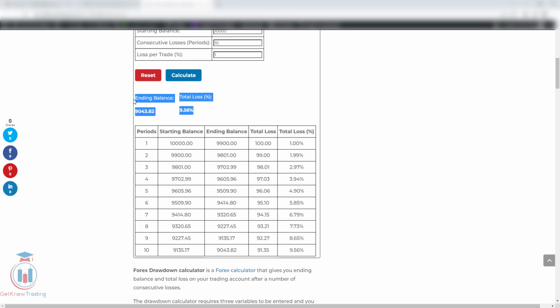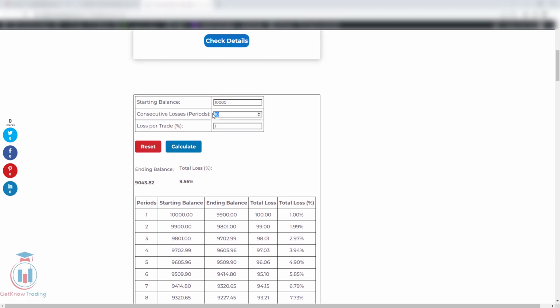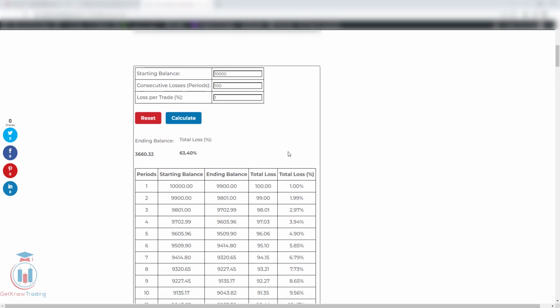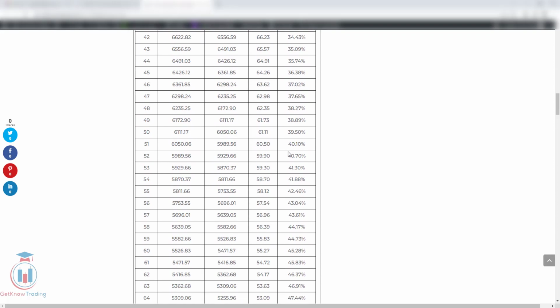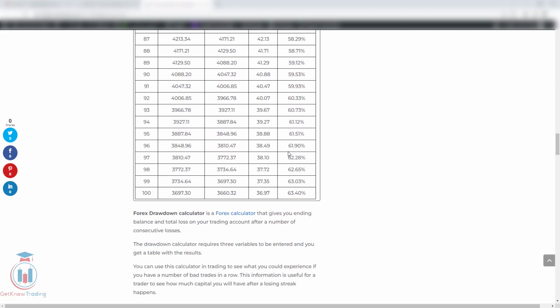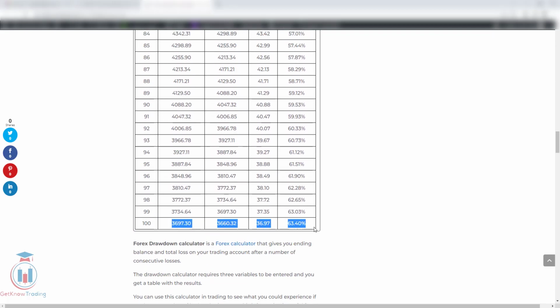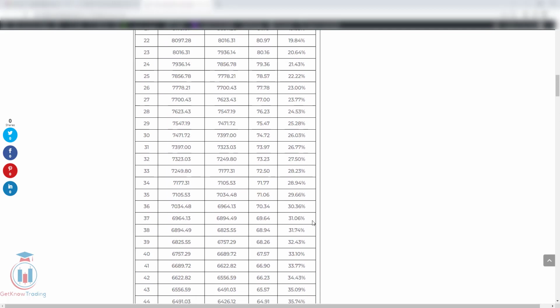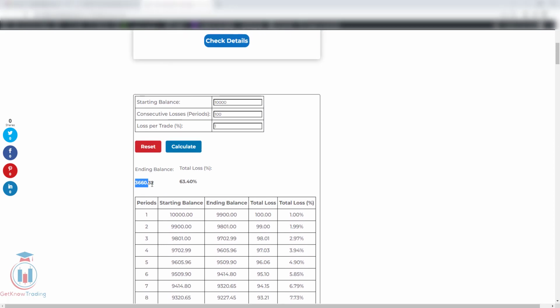Here you have also the ending balance and total loss. Instead of going back down to check the table, because if you have 100 rows, which means periods, you would need to get down to the ending row, you can simply check the ending balance here and the total loss in percentage.